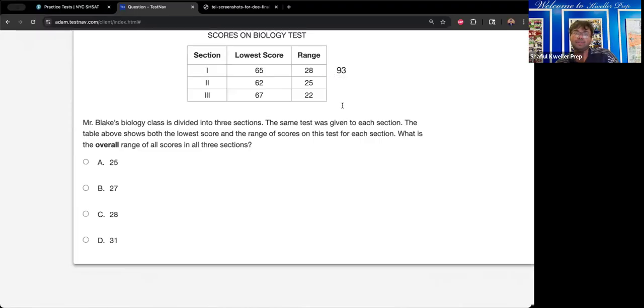And then 67 plus 22 is 89. Okay, so now you just have to find the overall range of all the scores. So the lowest score out of all is 62 and the highest score is 93. So 93 minus 62 is equal to 31. So the answer is D.